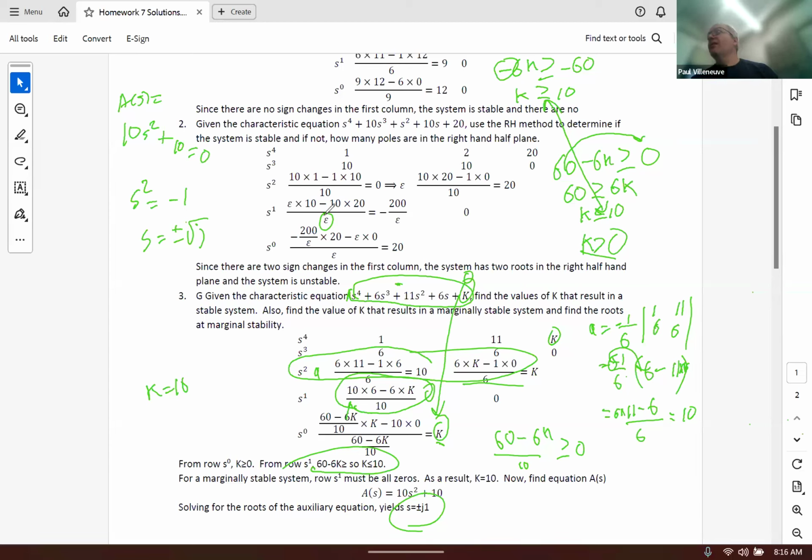Any other questions? Yes, sir. You're not always supposed to use E, right? No, you only use E when there's a 0 in the first column, right here. Is there a 0 in the second column?